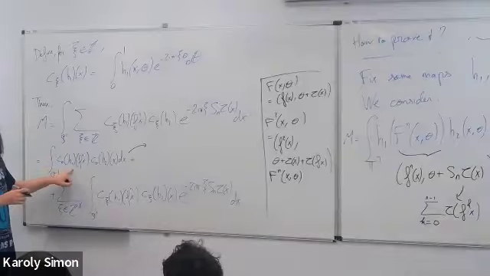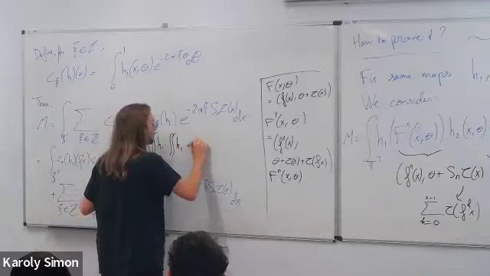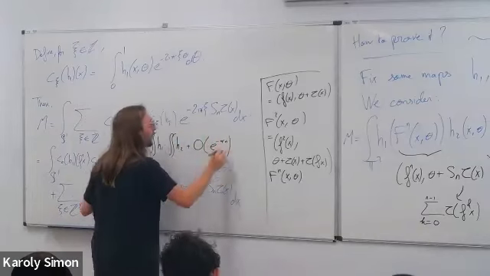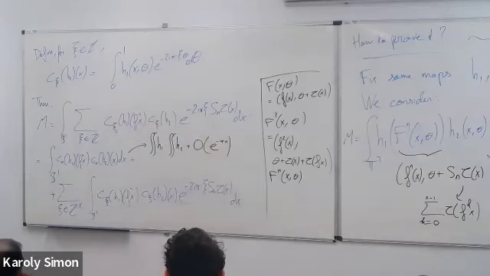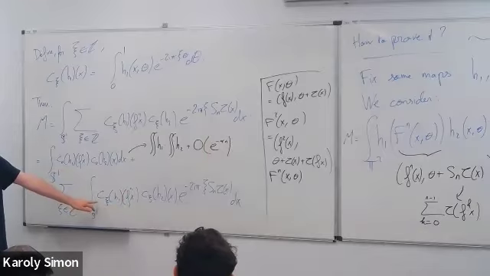So this already converges to the integral of h1 times the integral of h2, plus some exponentially small term. So the main problem now for us is to show that this whole sum goes to 0 when n goes to infinity.